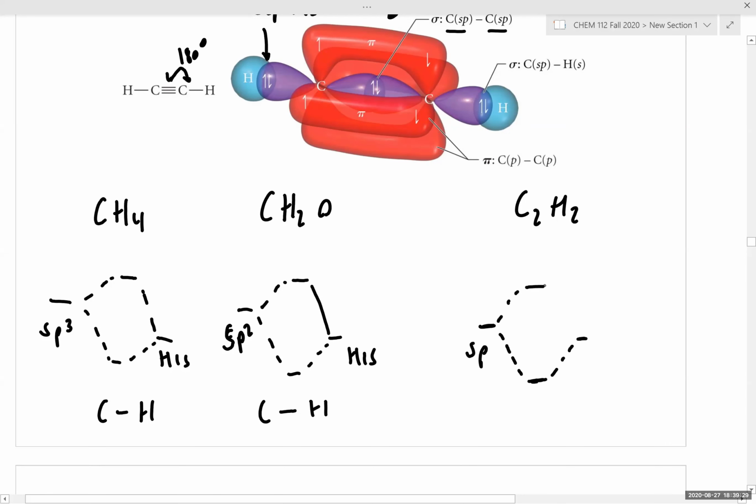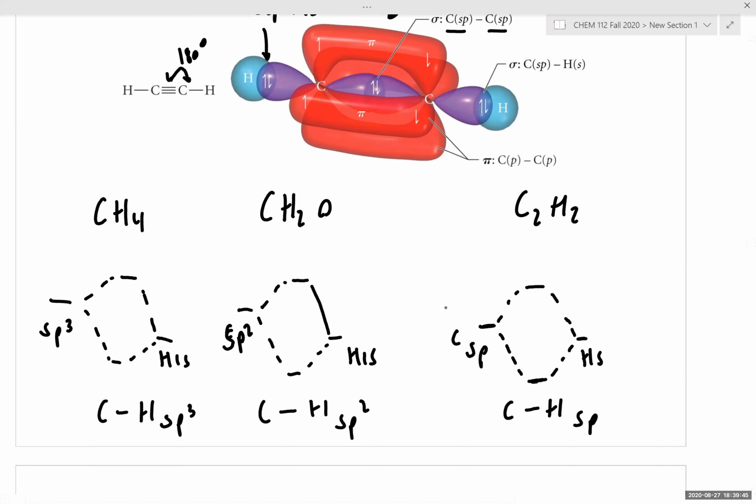based on our orbital energy, if we compare the orbital energy for an sp3 to an sp2 to an sp orbital, we notice the sp orbital is the lowest energy orbital.